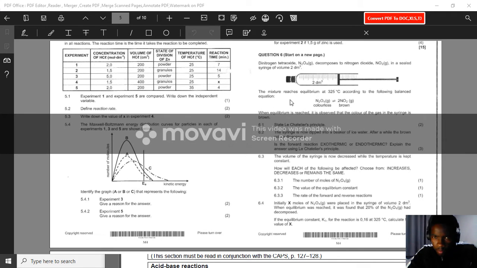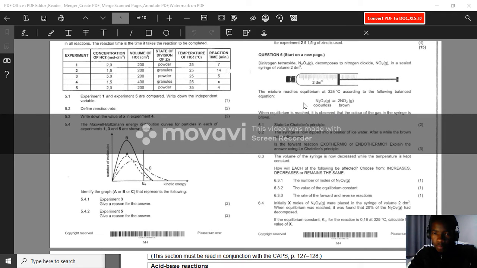So the mixture reaches the equilibrium at 325 degrees according to the following balanced equation. So this is the balanced equation. We see that the reactants are colorless.